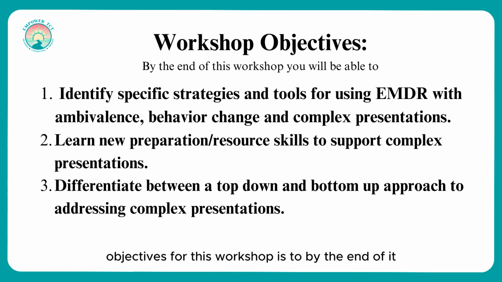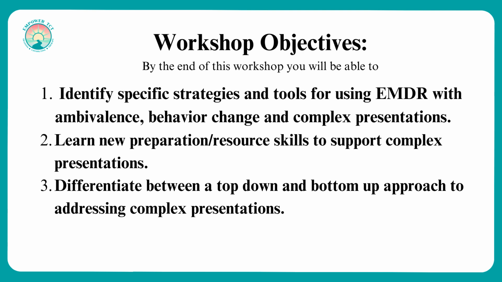So our workshop objectives for this workshop is, by the end of it, for you to be able to identify specific strategies and tools for using EMDR with ambivalence, behavior change, and complex presentations. So we're going to look at the 8 phases and how we can work through these different things within those 8 phases.